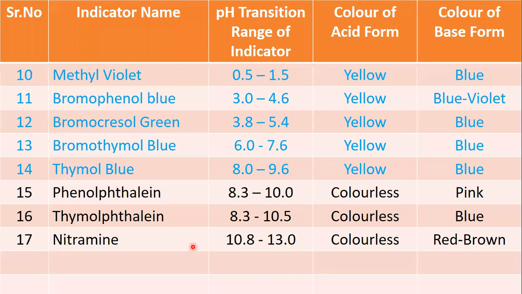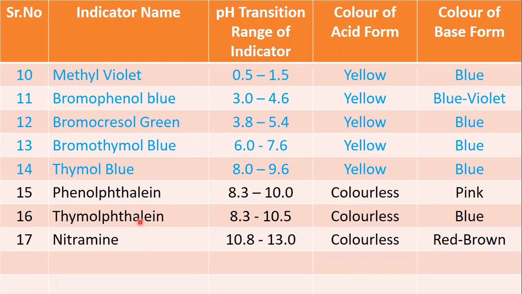These 3 indicators are one-color indicators. They are colorless in acid form, and pink, blue, and red brown respectively in the base form. So it is easy for you to remember.